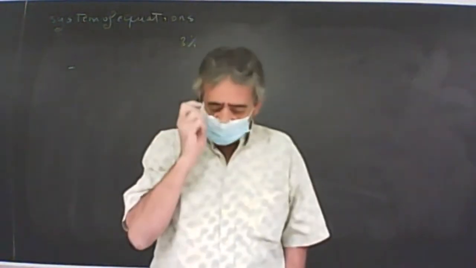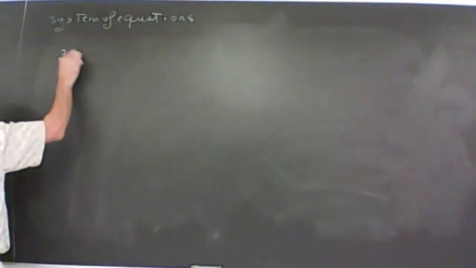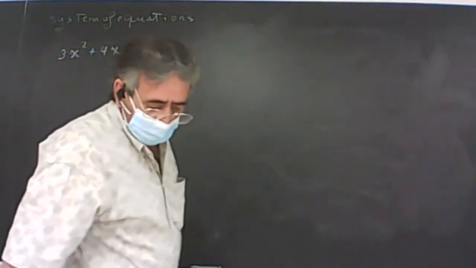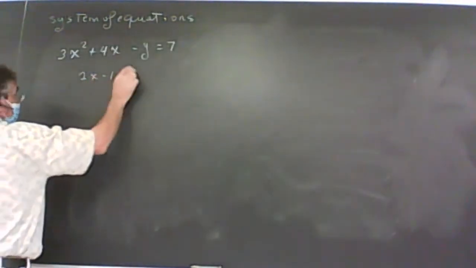Consider the following. It says 3x squared plus 4x minus y equals 7, and 2x minus y equal minus 1.